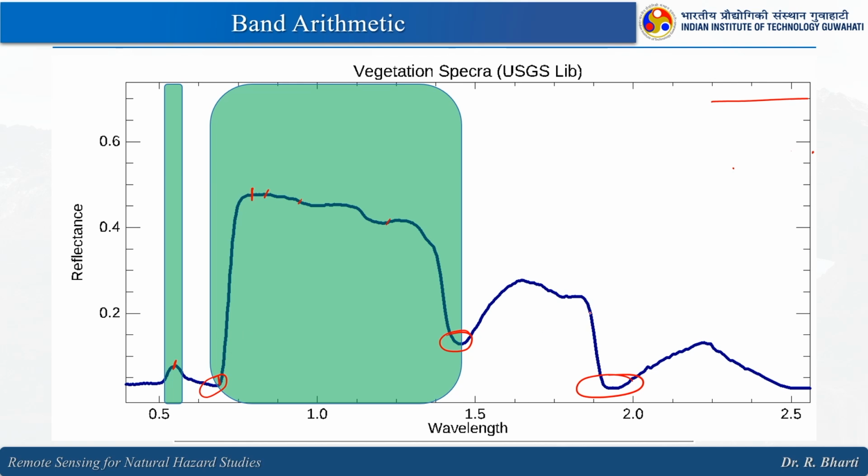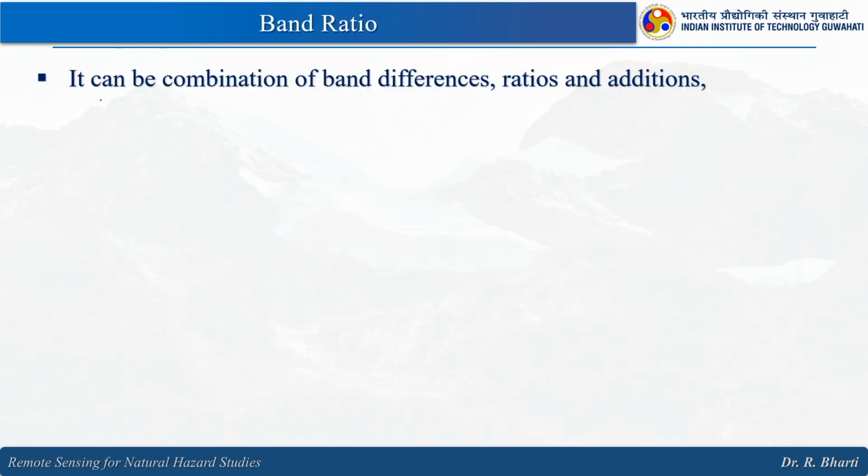We will get the information about this vegetation, clear. That is the basis of band ratio designing. A band ratio can be a combination of band differences, ratios and additions. I told you A plus B divided by A minus B, that is also possible. Here you will normalize the ratio.